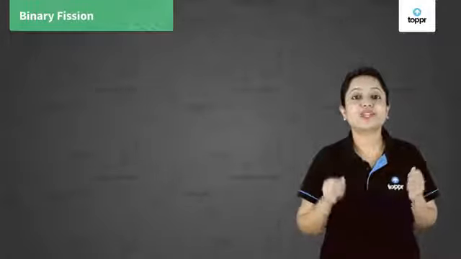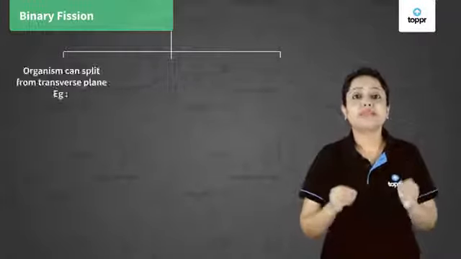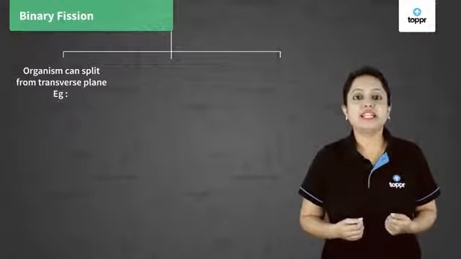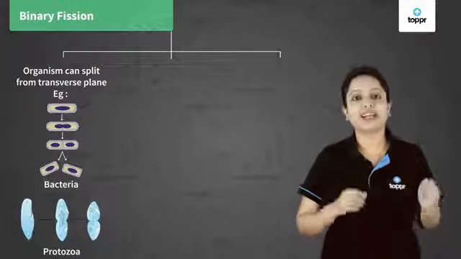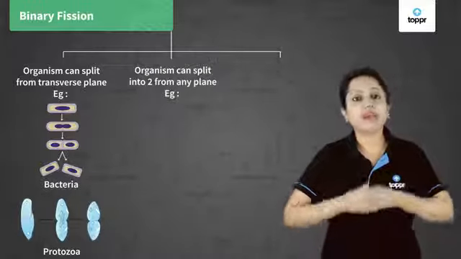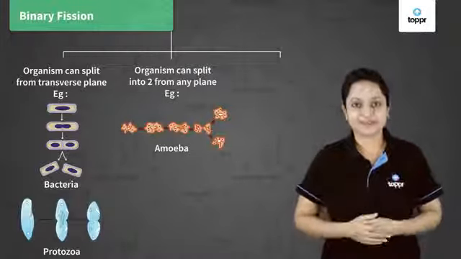Depending on the plane of cell division, binary fission can be of three types. First, the organism can split from the transverse plane. For example, in bacteria, protozoa, etc. Second, organisms can split from any plane. For example, in amoeba.